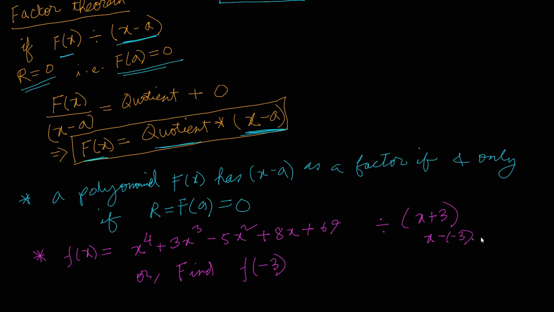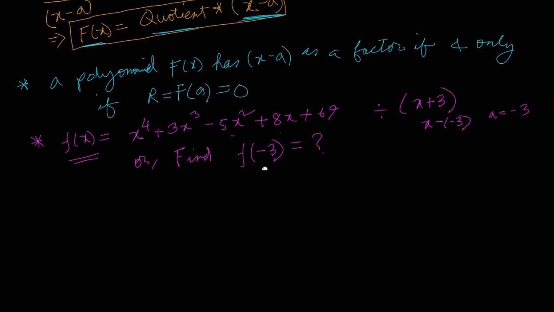So in this case a is -3. All right, so let's find f(-3). What is given is f(x), which is x to the power 4 plus 3x cubed minus 5x squared plus 8x plus 69, and I want to find f(-3).